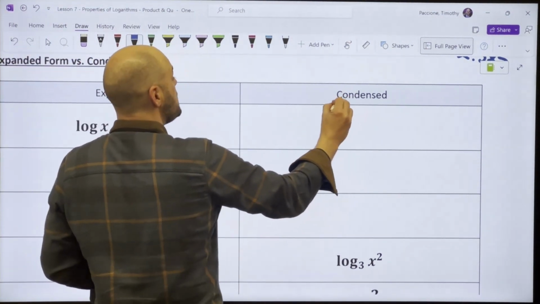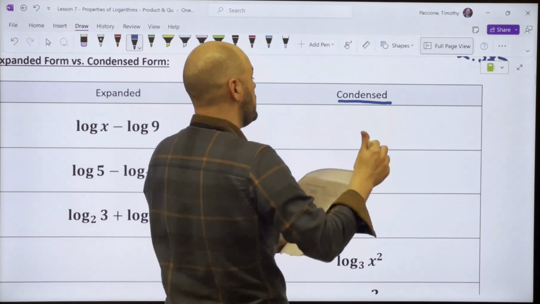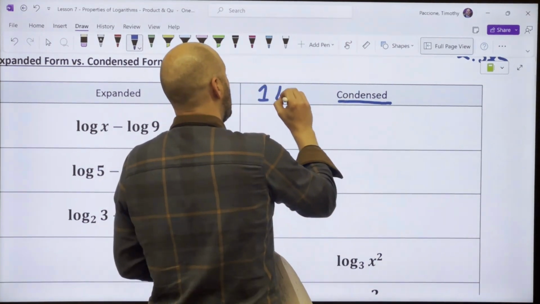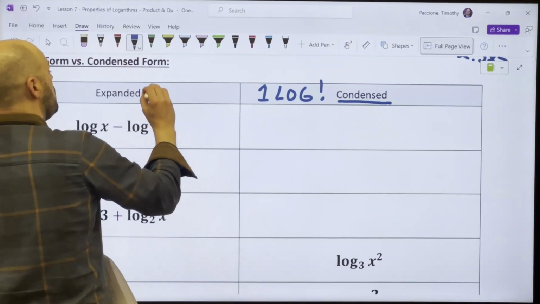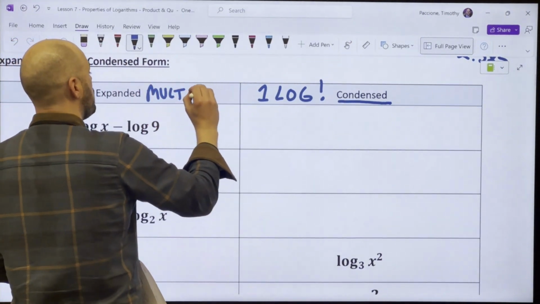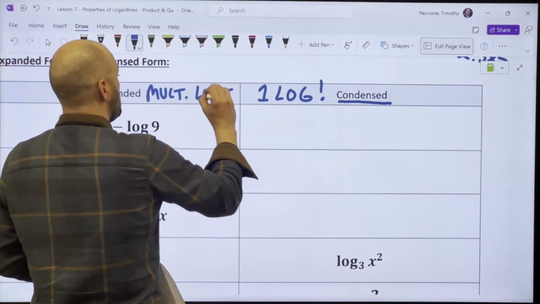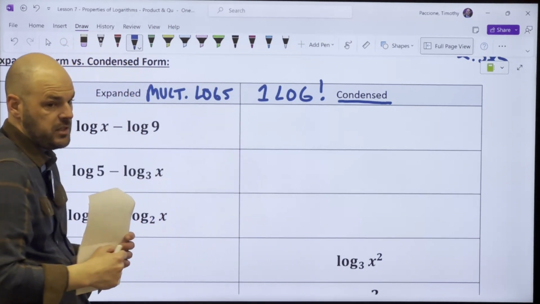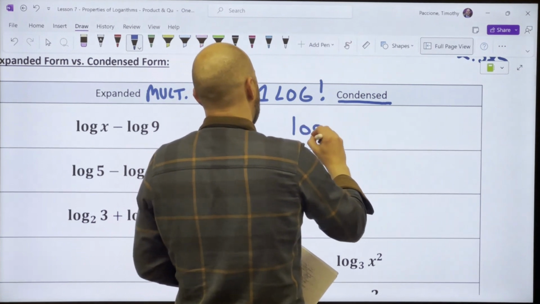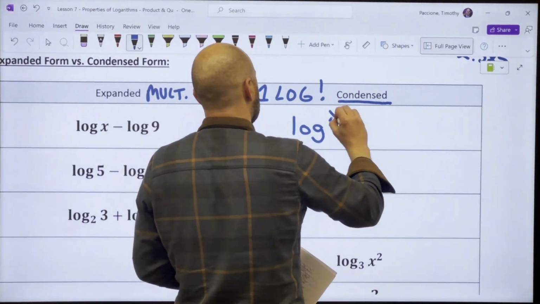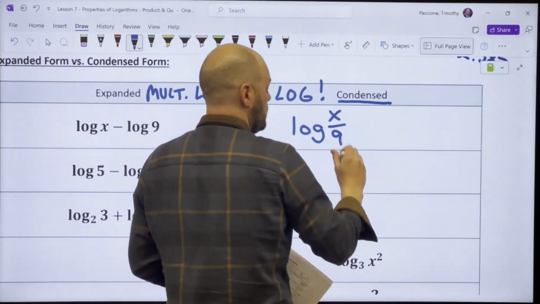Now, condensed means bring something together. So this will be 1 log, right? And over here, we will have multiple logs, 2 or 3, right? So you're either pulling apart or bringing together into 1. So I just had the 1 log, and then I would be x divided by 9. Right?